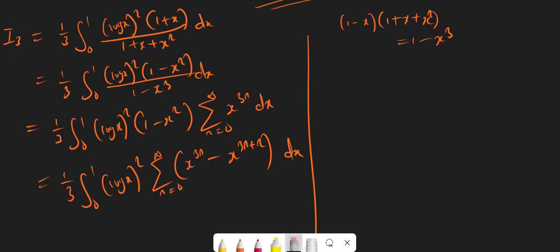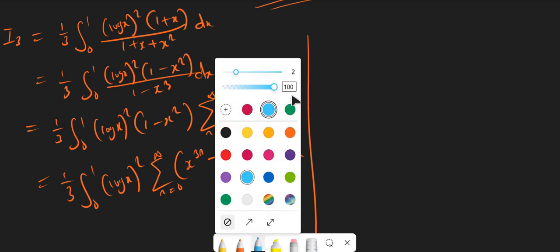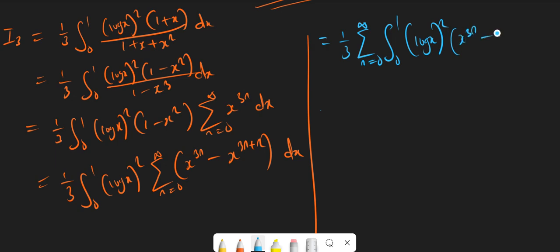Let's take this out and let's switch some color. So now this would equal, we can then bring the sum out. So this will be 1/3 of the sum as n runs from 0 to infinity of the integral from 0 to 1 of log x squared times x to the 3n minus x to the 3n plus 2 dx.